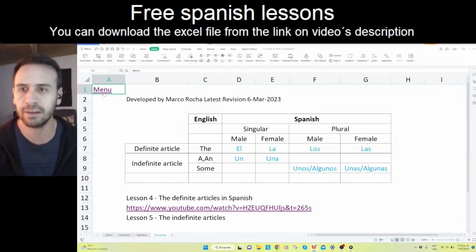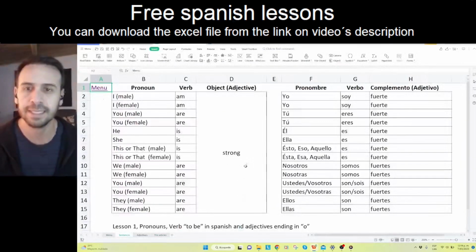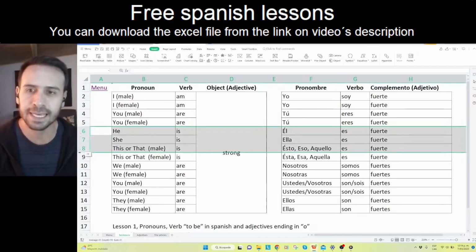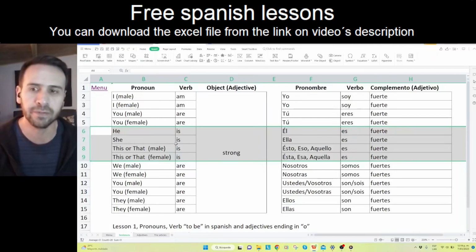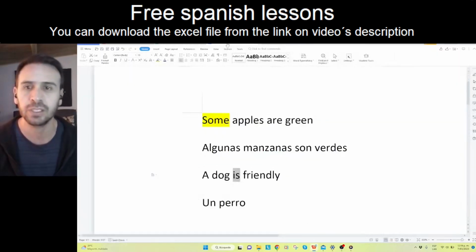Then we come back here to sentences and see that she, he, and what would be it. You already know that we don't have it in Spanish, but the form of the verb for he, she, and it would be es in Spanish. So, un perro es, and then we have to find out the Spanish for friendly.